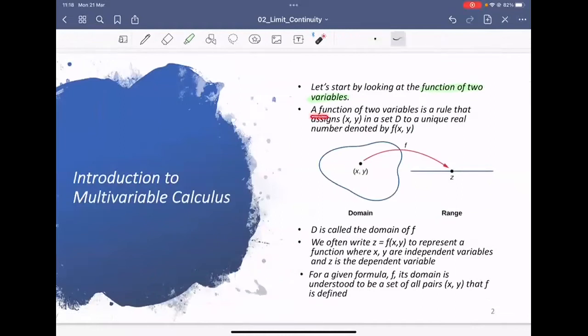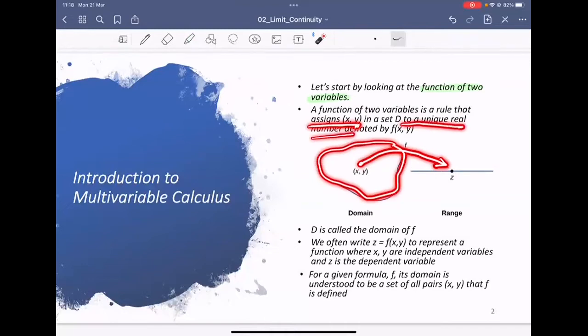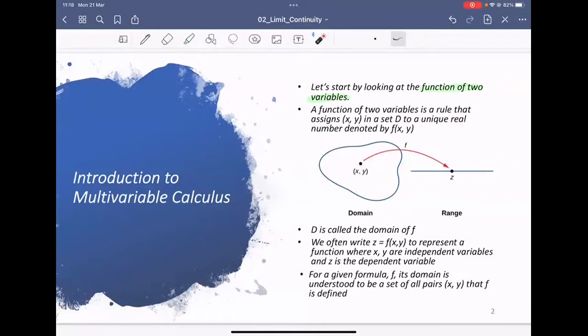So a function of 2 variables is a rule. They say it is a rule that you assign or map the point x, y in a set D, this is a set D, the domain, to a unique real number denoted by f(x,y). Basically, you start from the domain.